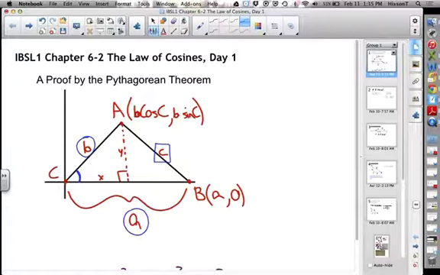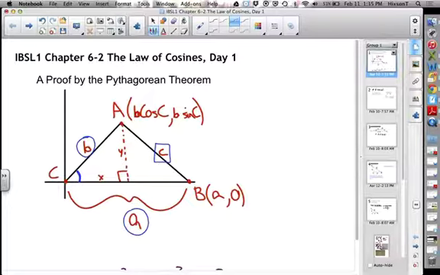How did we get b cosine C and b sine C? Well, like we did when you were getting the area, we're going to use a trig function with angle C to express y, and use side b. So y is in this right triangle opposite angle C, and b would be the hypotenuse.